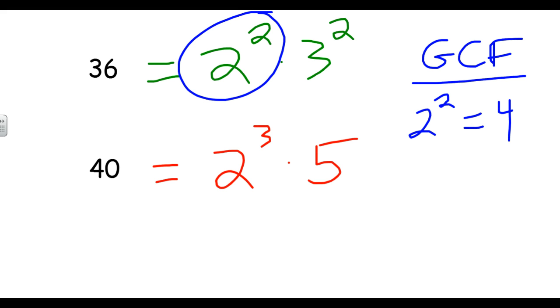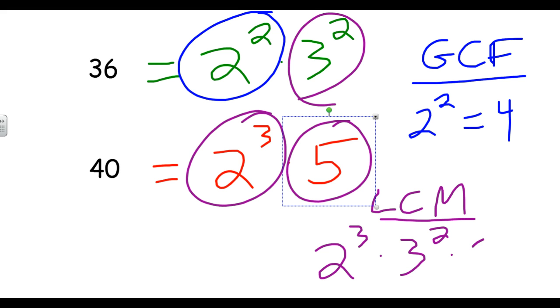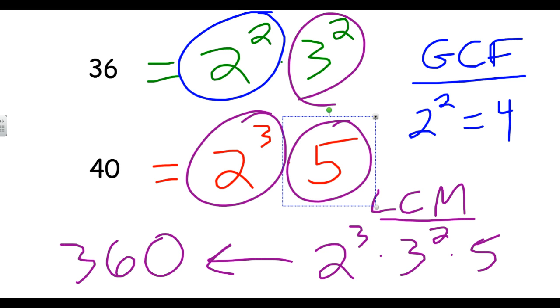For the LCM, we take the greatest number of each prime that we find, so that would be 3 2's, 2 3's, and a 5, which does in fact give us 360. So that is our LCM.